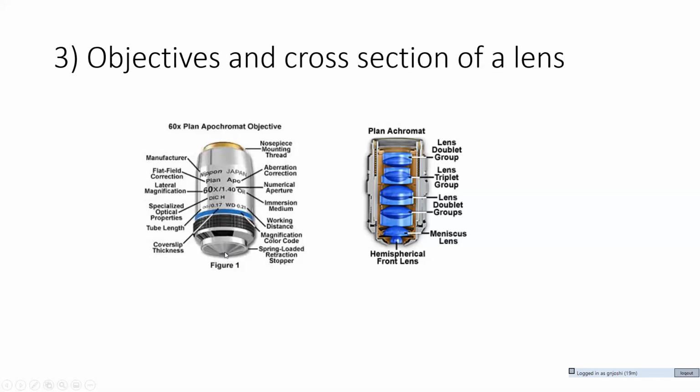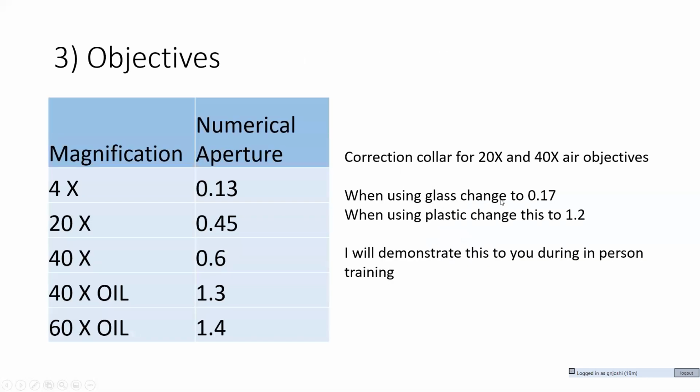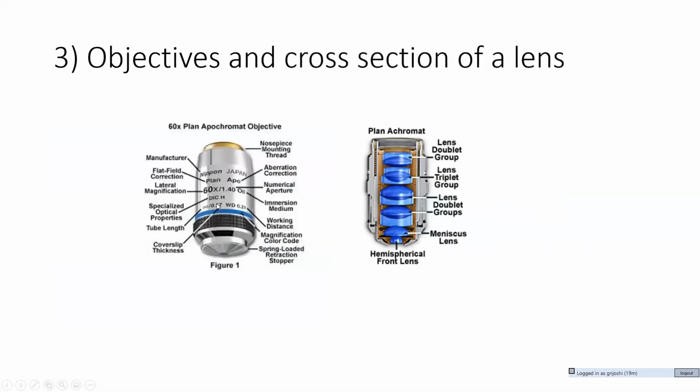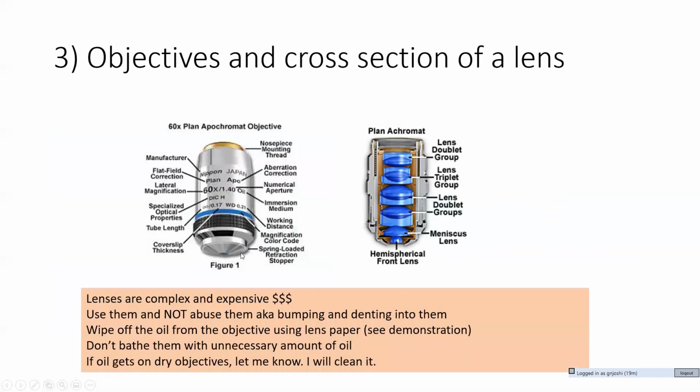Typically, all the oil immersion objectives are 0.17, which is exactly what we have here. When you are using glass, change the correction collar to 0.17, and plastic is 1.2, and that is what it says here.